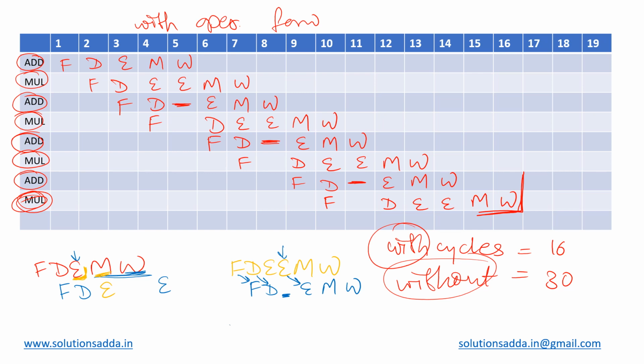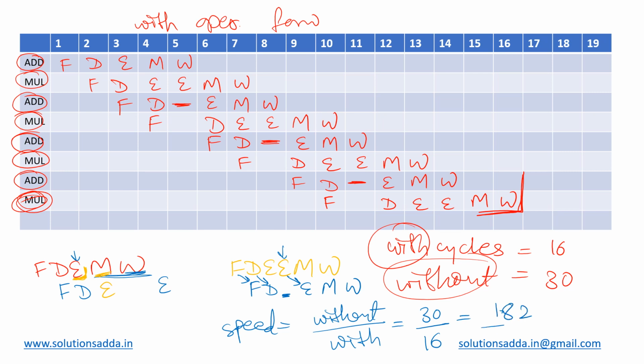The speedup was defined as the ratio of the number of cycles without operand forwarding divided by the number of cycles with operand forwarding. So we divide 30 by 16 and that will be our answer. It gives us 1.82 or so. We have to round it off to 2 decimal places, and that would be the speedup ratio we can achieve given this 5-stage pipeline processor. So this is how this problem will be solved.